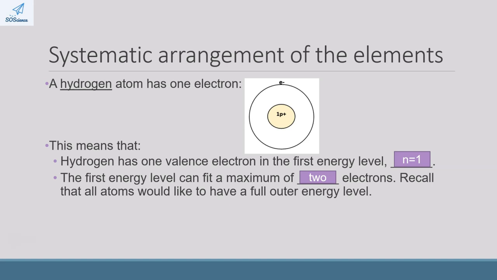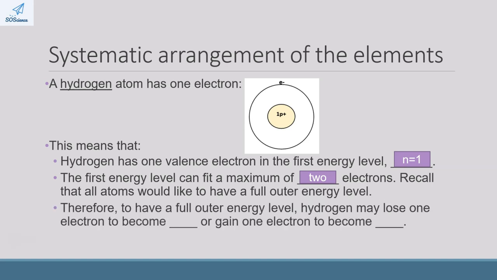Remember that all atoms want to have a full outer energy level in order to be happy, in order to be in their lowest energy state. Therefore, to have a full outer energy level, hydrogen can gain an electron or it can lose an electron. Of course, if it loses an electron, then it is simply a proton. And if it gains an electron, then it is going to end up with an outer energy level, n equals 1, that is full.